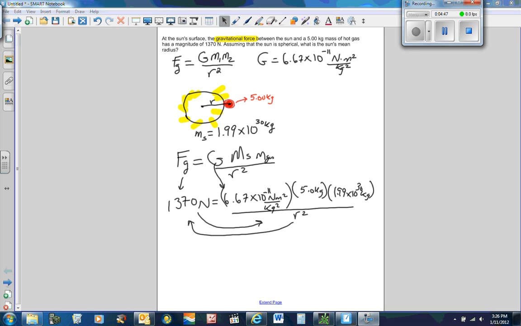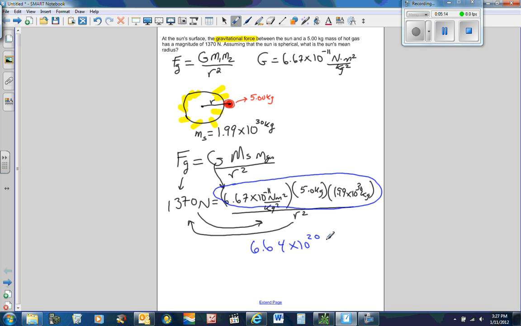When I put this top part right here in my calculator and hit enter, at least this is what I got, 6.64 times 10 to the 20th, and that's going to be newtons times meters squared, because the kilograms divide out, over 1370, and that's going to equal r squared.